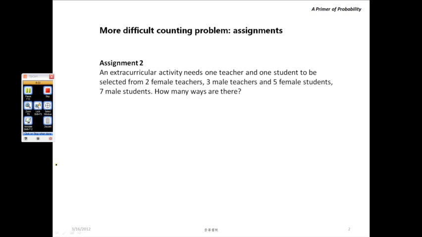An extracurricular activity needs 1 teacher and 1 student to be selected from 2 female teachers, 3 male teachers, and 5 female students, 7 male students. How many ways are there?